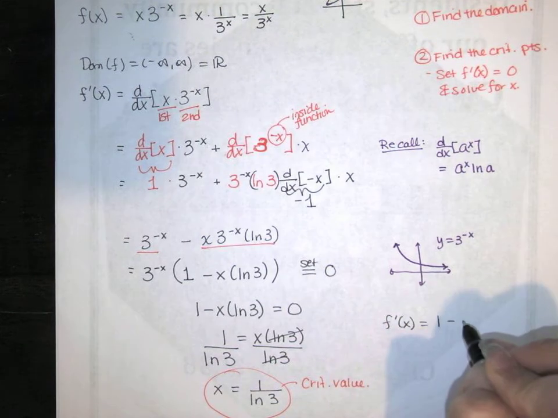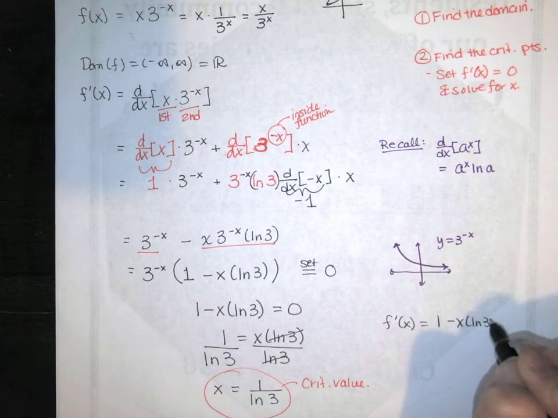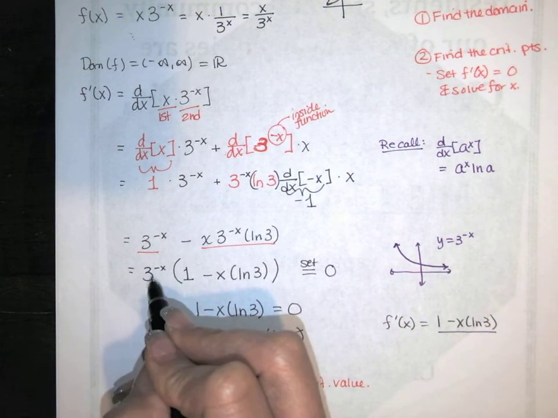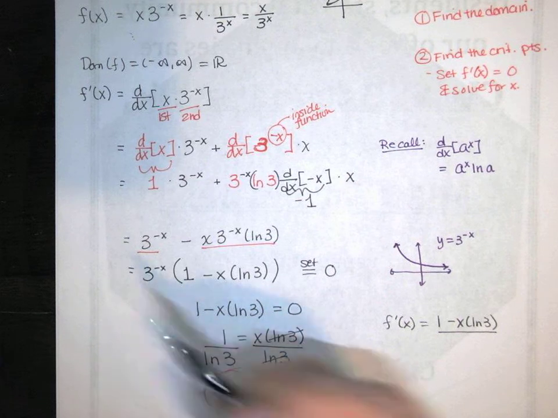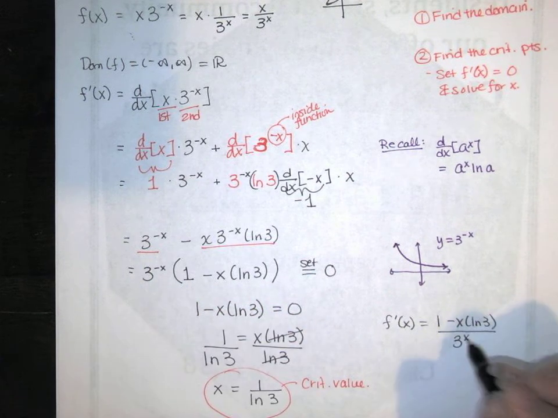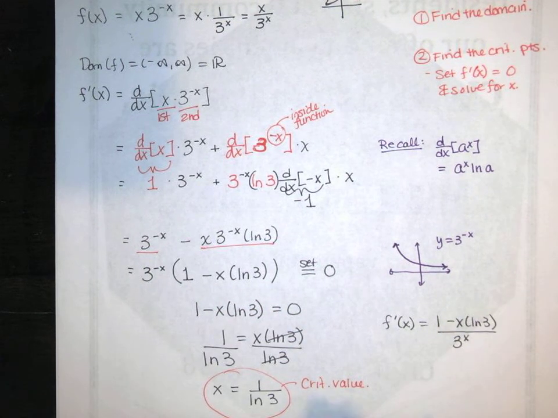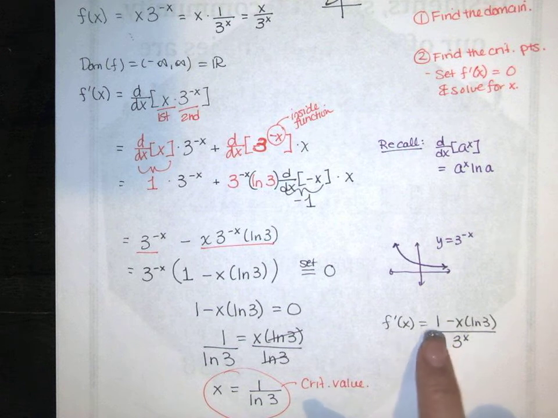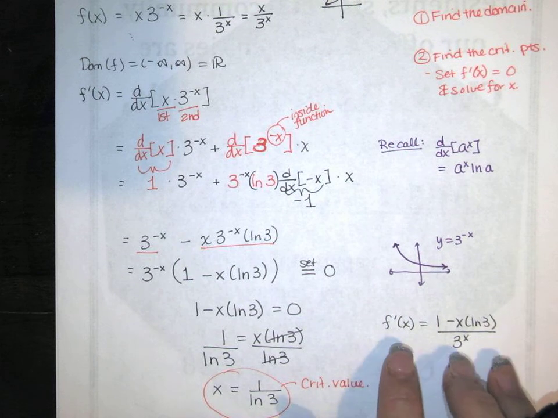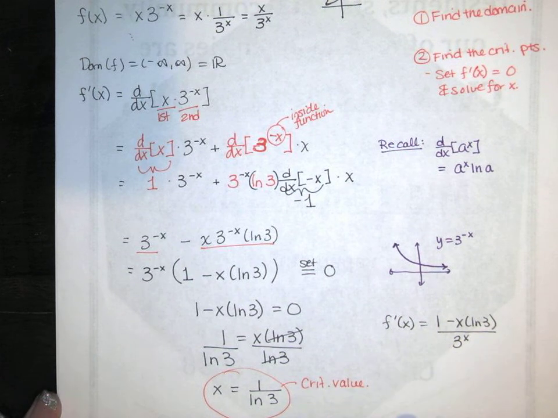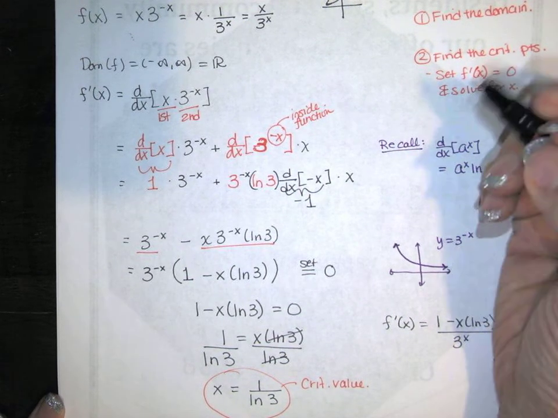So this is 1 minus x times natural log of 3, which is just a number, all divided by, if I bring that 3 to the negative x to the denominator, that's going to make it 3 to the positive x. That's never 0. The numerator is basically a linear polynomial, because natural log of 3 is just a number. It's just a number times x plus 1. So this is well defined for all x. So that is our one and only critical point.